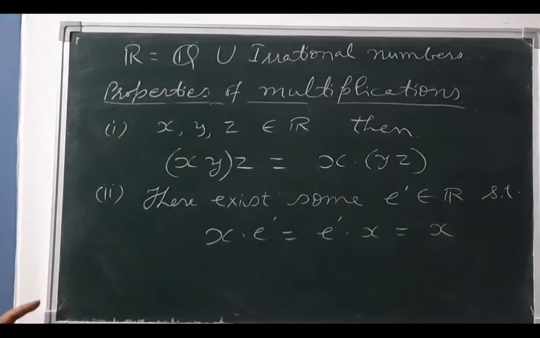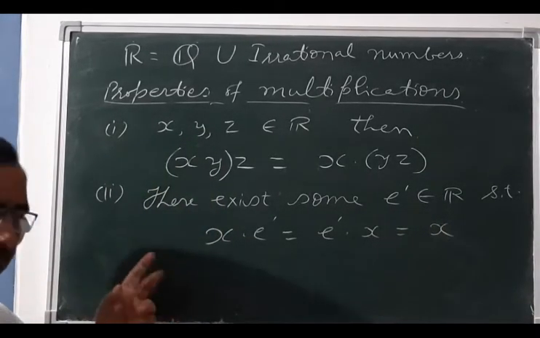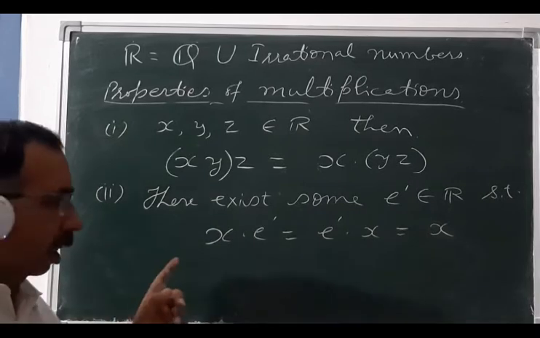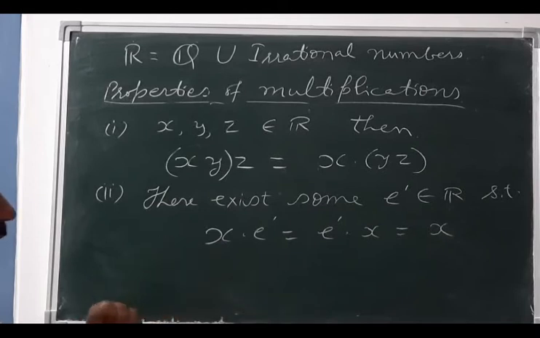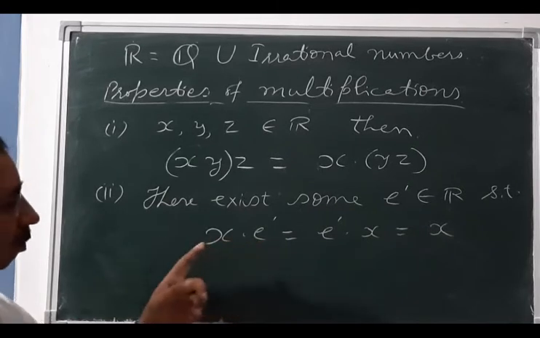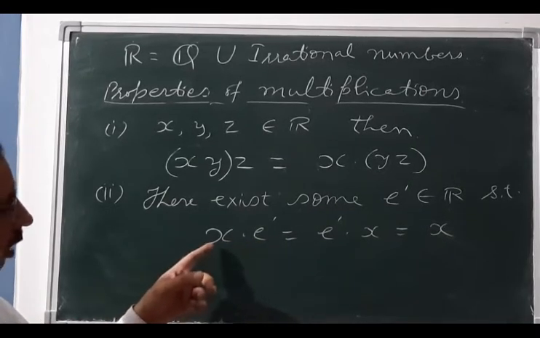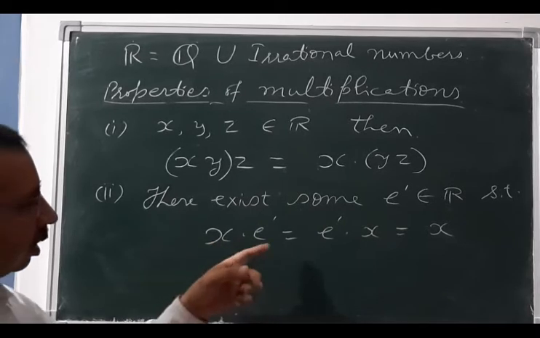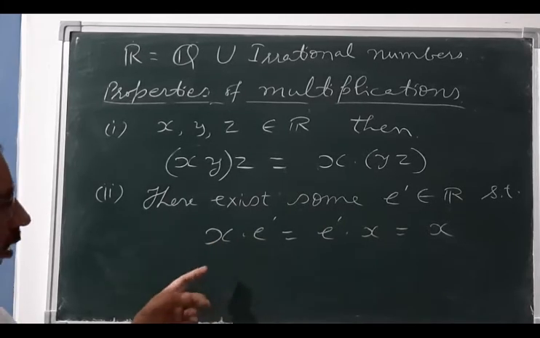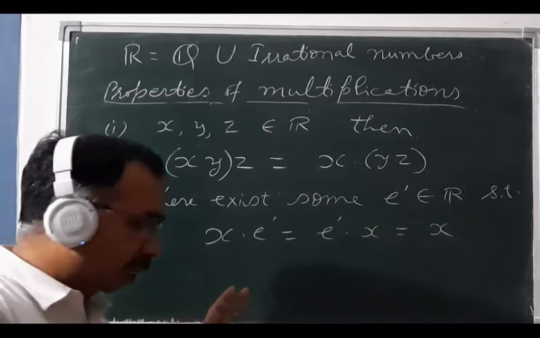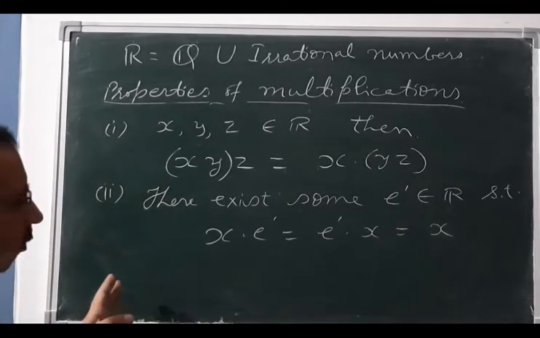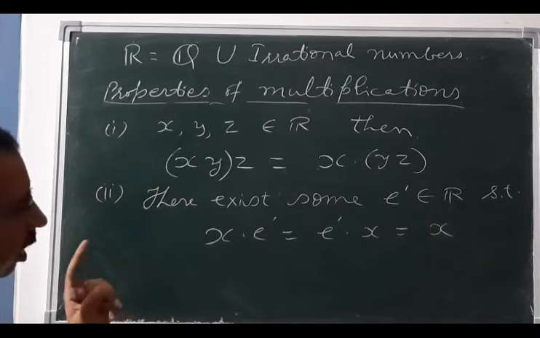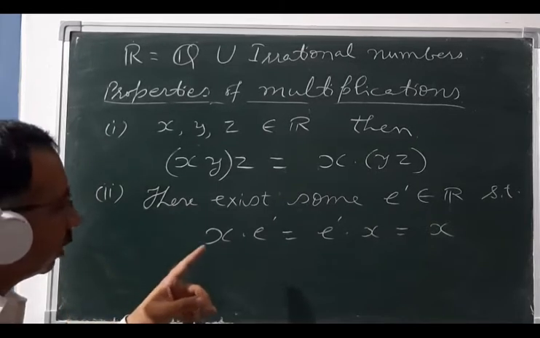This number, which is analogous to the identity of addition, is called identity with respect to multiplication. When this number is multiplied with any real number, the real number doesn't change. In the same way, when we added some number to a real number and the real number was not changing, the additive identity was 0.